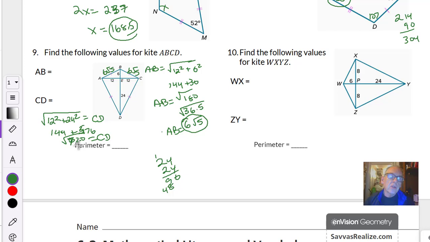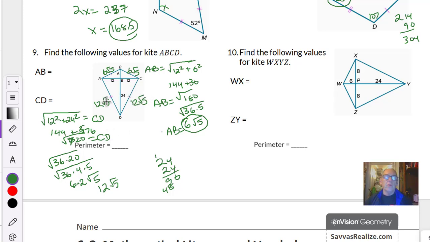720 is 36 times 20, and we're taking the square root of that, and 20 is 4 times 5, so we've got 36 times 4 times 5. The square root of 36 is 6, the square root of 4 is 2, and we're left with the square root of 5, so 12 square root of 5 is the length of each of these, 12 root 5 and 12 root 5.